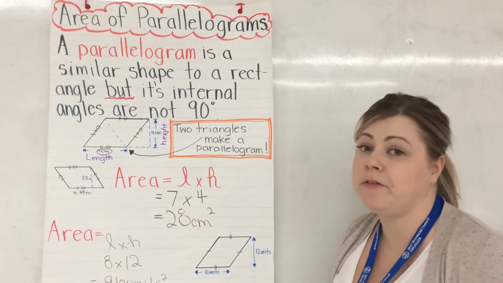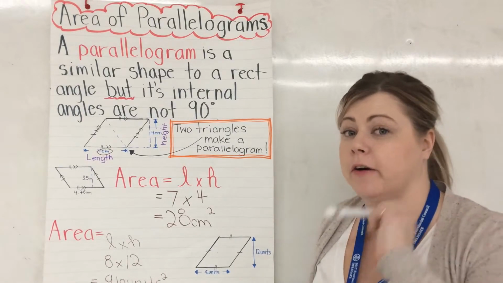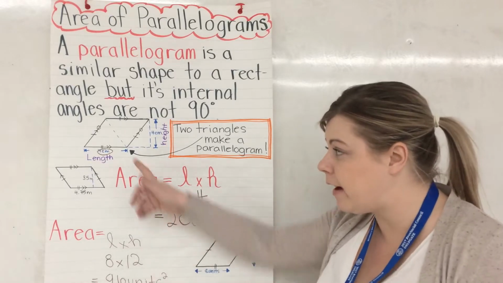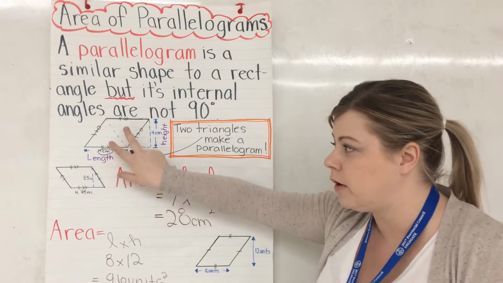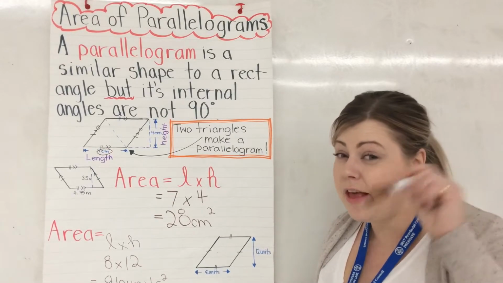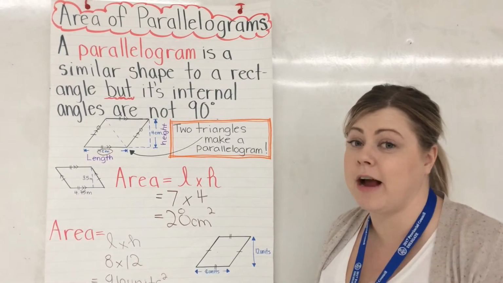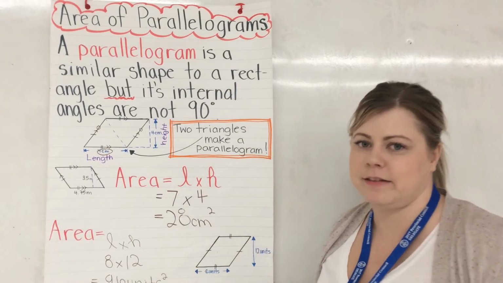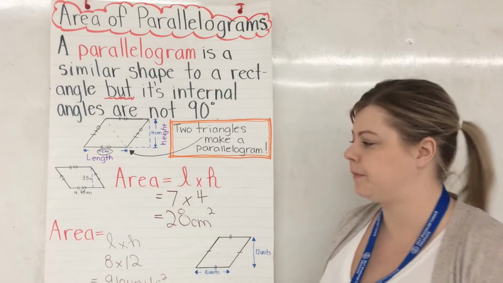Well, you're going to have to do some problem solving on your own. I'm going to see if you can figure that out. If a parallelogram is equal to 2 triangles and they want to know what would be the total area of this parallelogram with these 2 triangles, use some problem solving skills. I want to see what you can do.